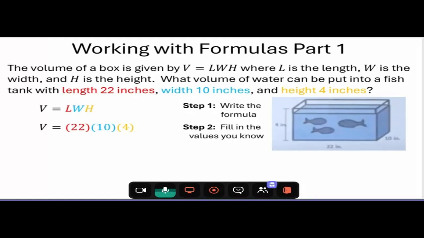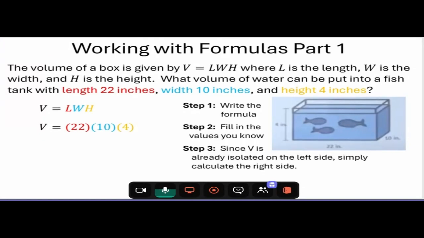And we notice again, like we're going to see in every example in this particular lesson, that we know everything on the right-hand side, and the thing we're looking for is on the left-hand side. That is going to change in the next lesson, where we will know the volume, but maybe be looking for the length or the height or something. So all we have to do is multiply those 3 numbers together.